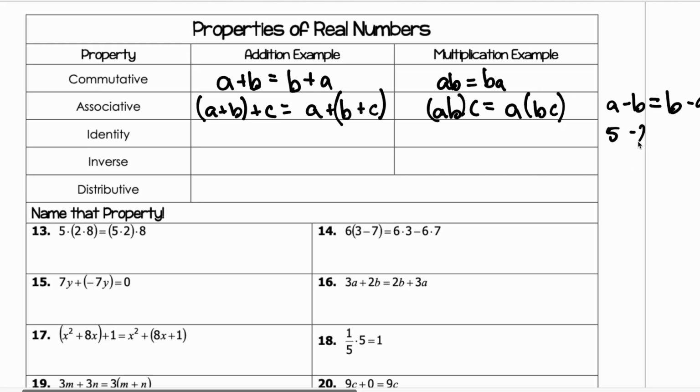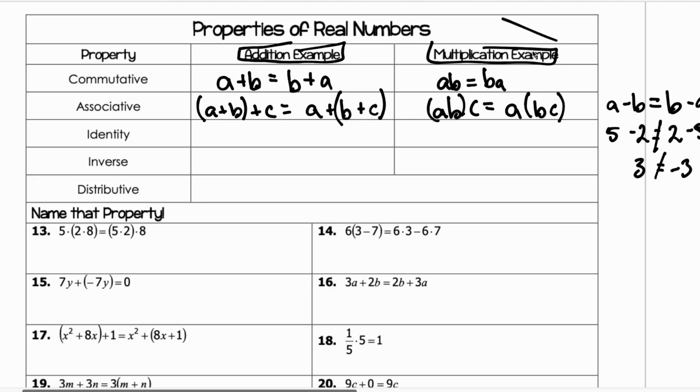So 5 minus 2 is not going to be the same as 2 minus 5. 5 minus 2 is 3, and 2 minus 5 is negative 3. We can see that does not work. That's why we see an addition example and a multiplication example.